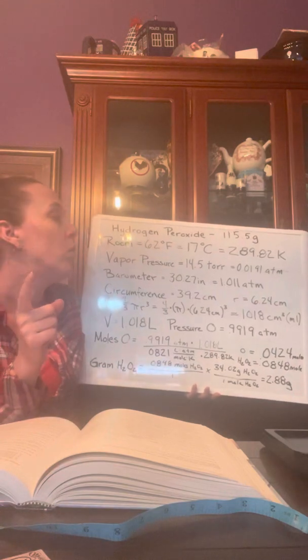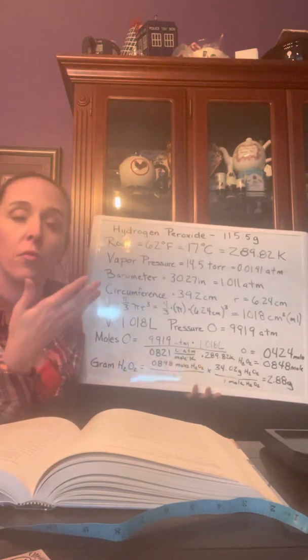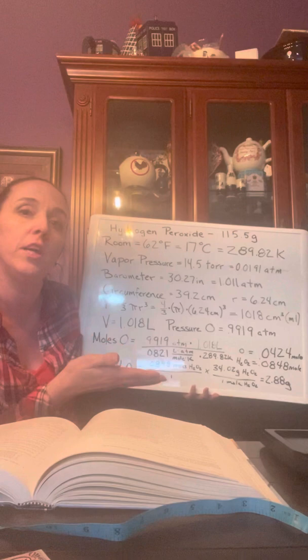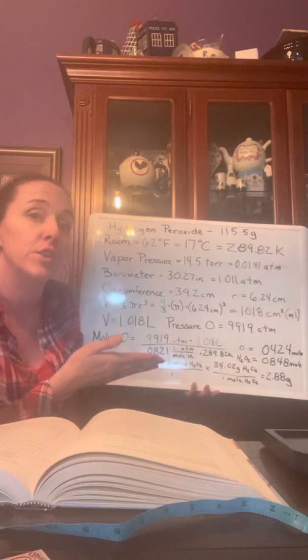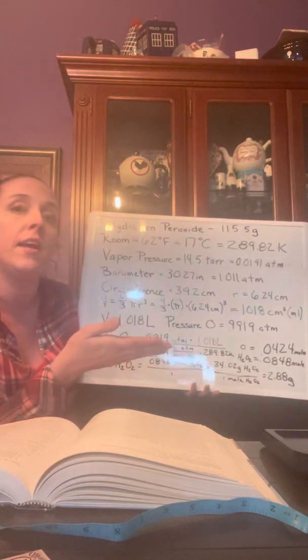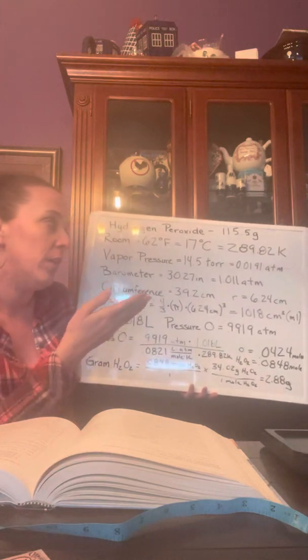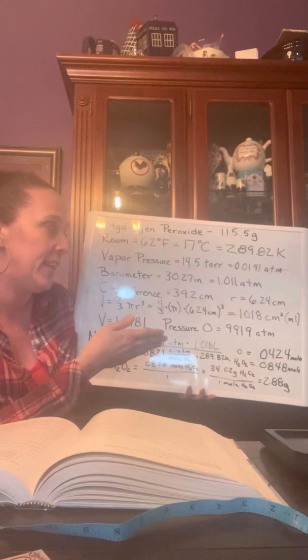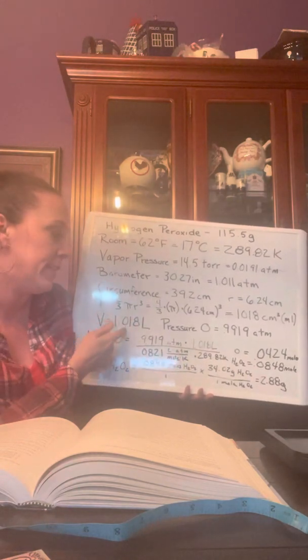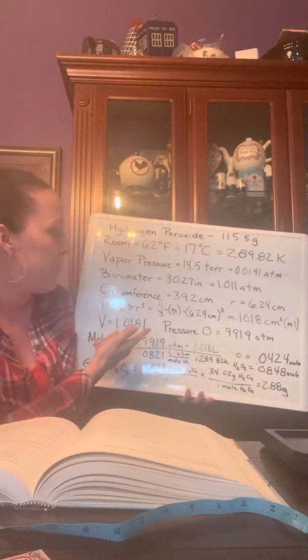So if we have 1,018 centimeters cubed, we also have 1,018 milliliters. But we need our units to be in liters. So that's really simple. 1,018 milliliters is 1.018 liters, right?